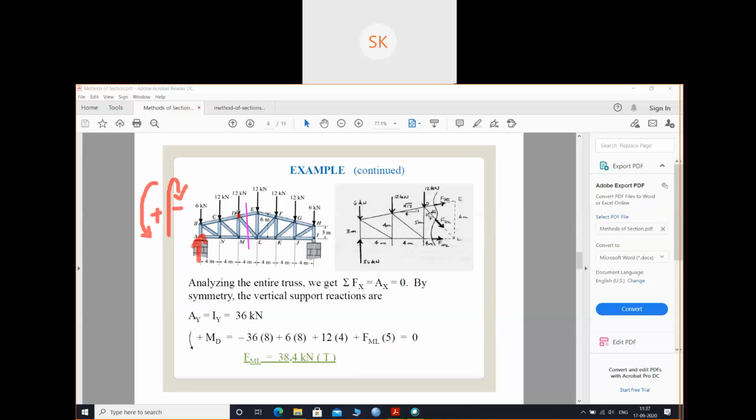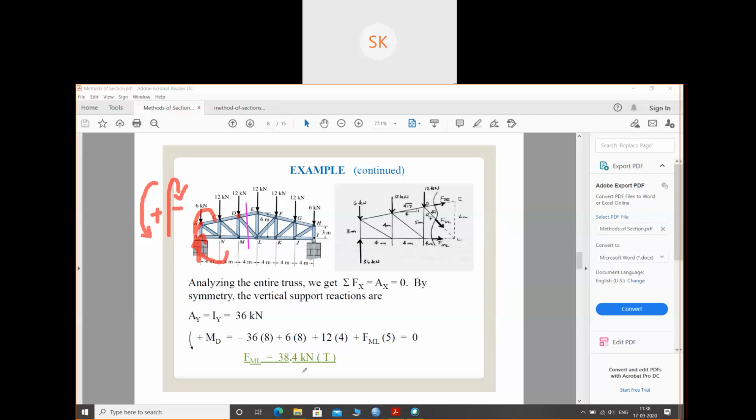So this Ay about D will give a moment in this direction. So force into distance, how much? 4 into 4, that is 4 plus 4, 8. So minus 36 into 8, plus, again I have 6 which is at a distance of 8 meters from D. This is in downward direction, so this will come in this direction, that's why it is positive.